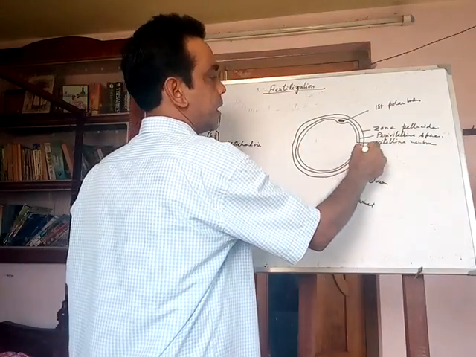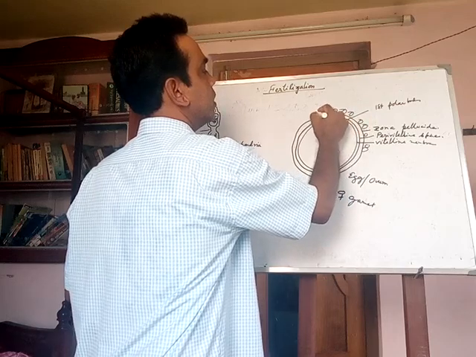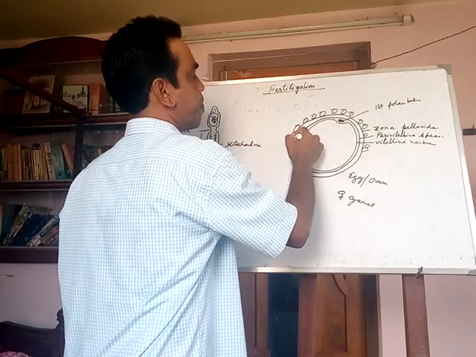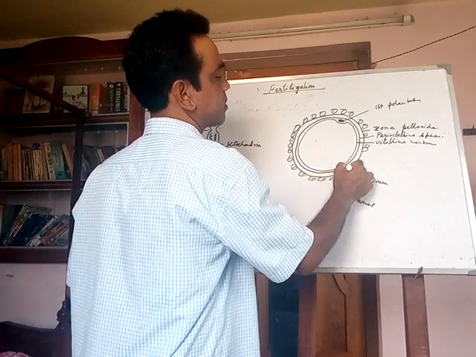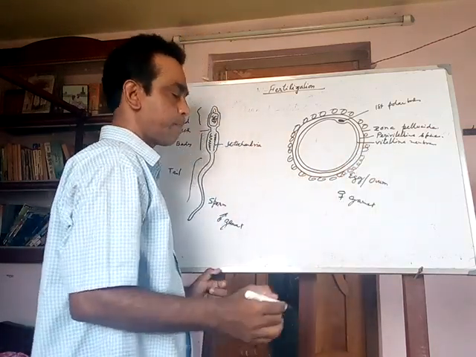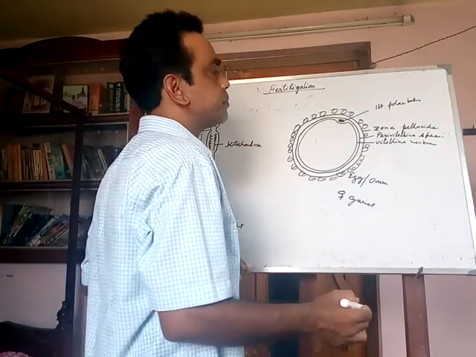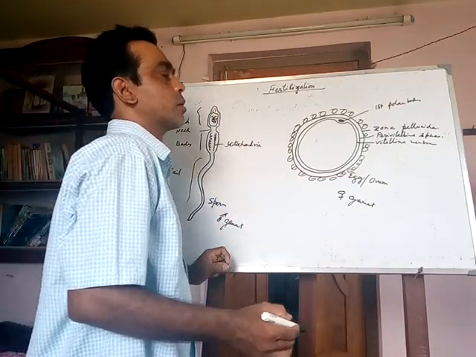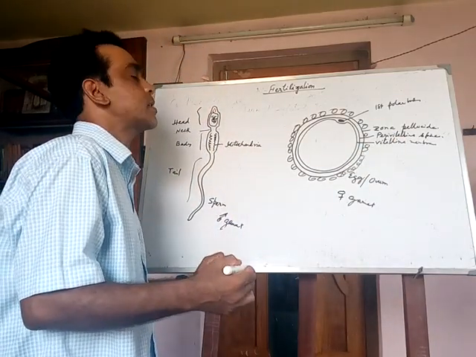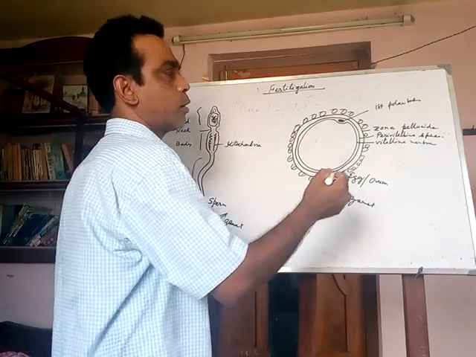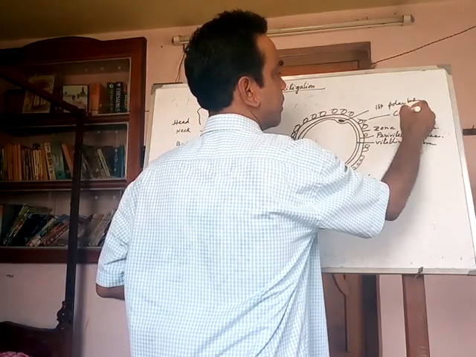On the outer part of the zona pellucida, there are some cells which help in the attack and interaction of the sperm. This layer is called the corona radiata.